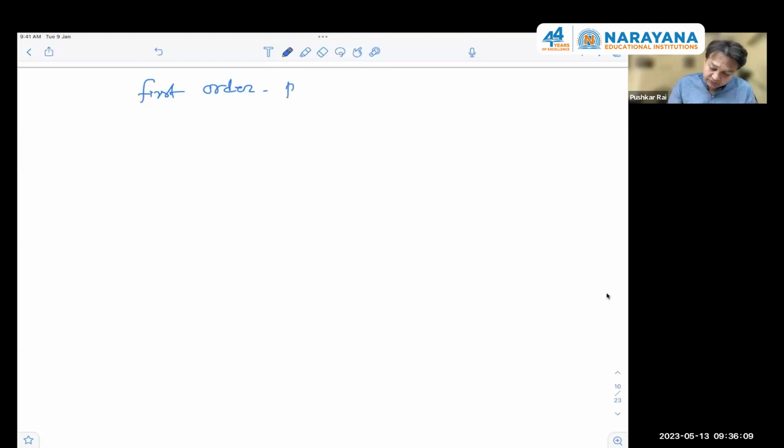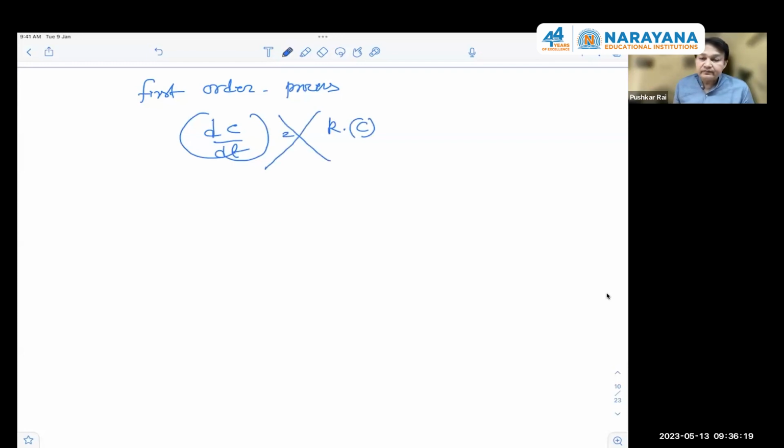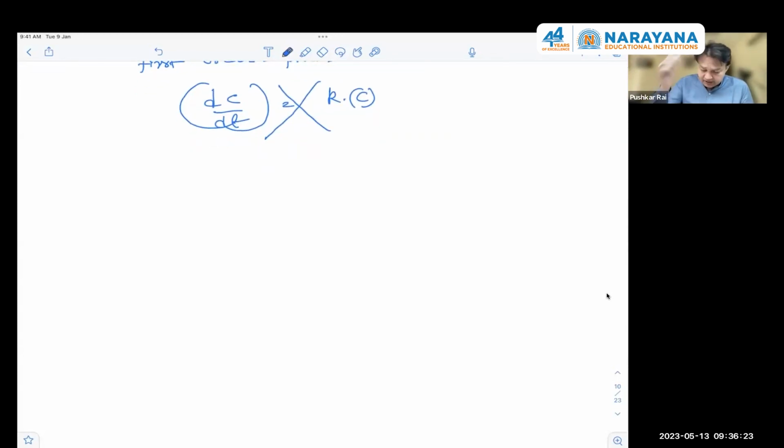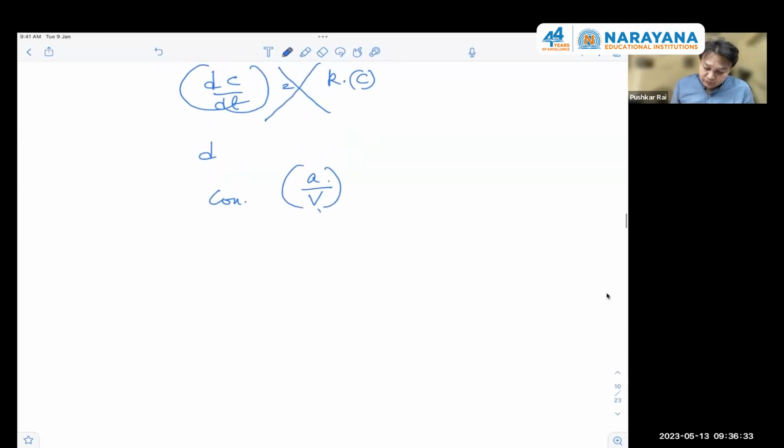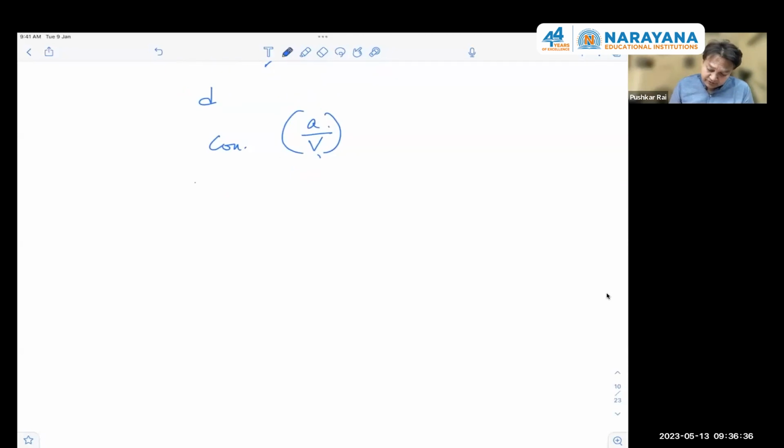First order process. You will say, sir, basically it is dC by dt equals kC. Wrong. dC/dt = kC is the wrong approach, because in dC there are two terms. Concentration is equal to what? Amount upon volume. If amount and volume both are varying, see what is going to happen.